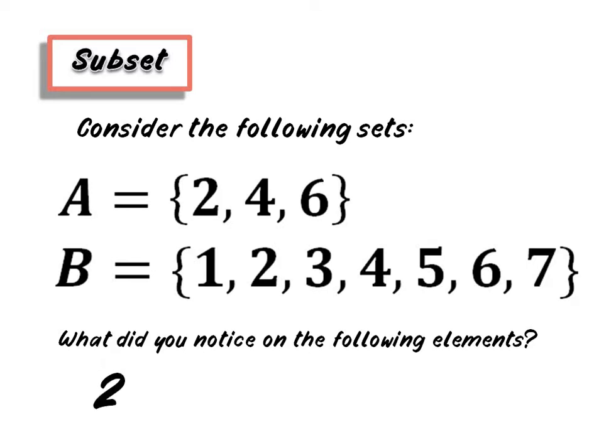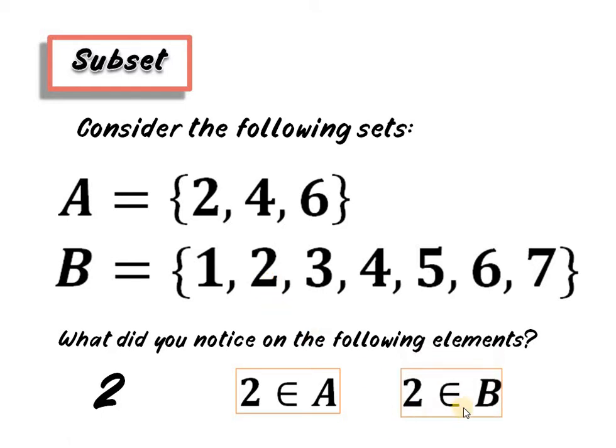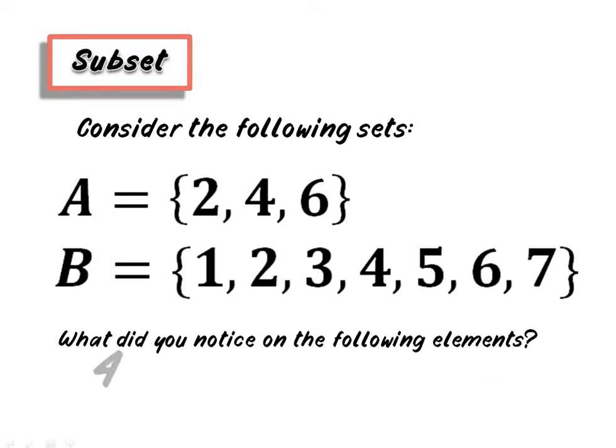Great observation. 2 is an element of set A given by the symbol 2 is an element of A, and 2 is also found in set B given by the symbol 2 is an element of set B. How about 4?